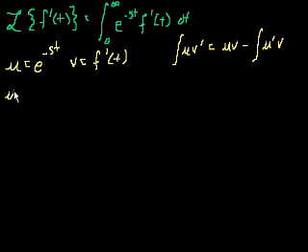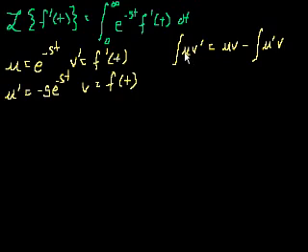And then u prime would be minus s e to the minus st. And v prime, oh sorry, this is v prime, right? V prime is f prime of t. So v is just going to be equal to f of t. Hope I didn't say that wrong the first time. But you see what I'm saying. This is u, that's u, and this is v prime. And if this is v prime, then if you take the antiderivative of both sides, then v is equal to f of t.